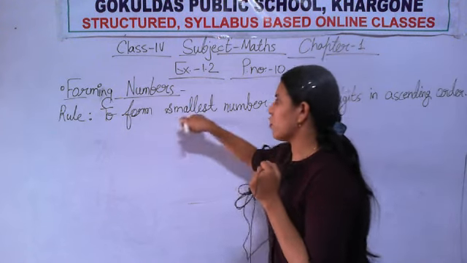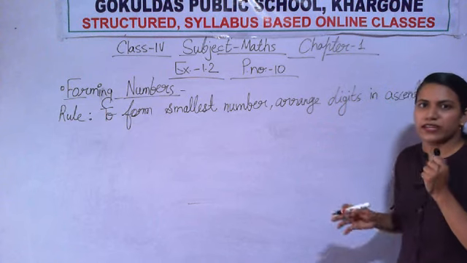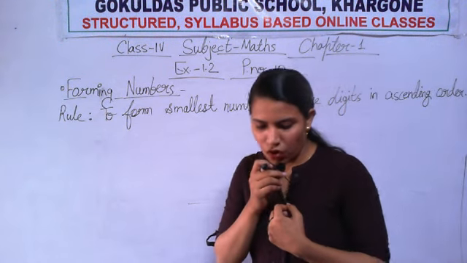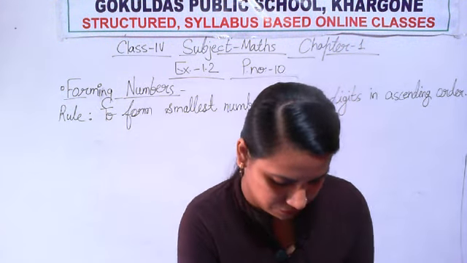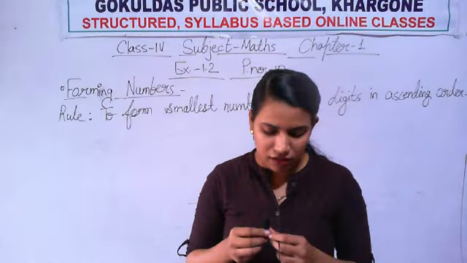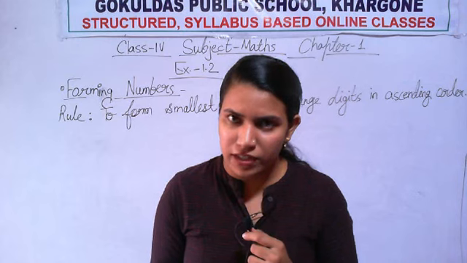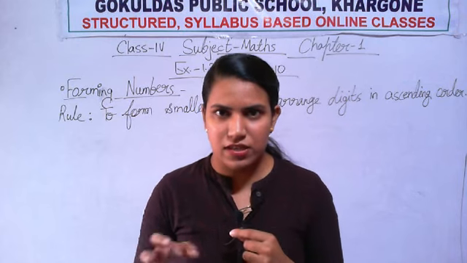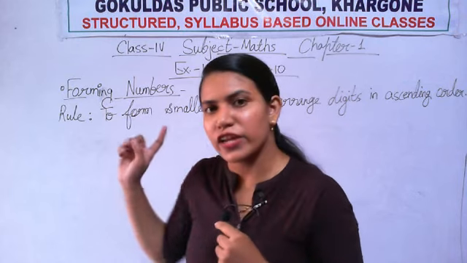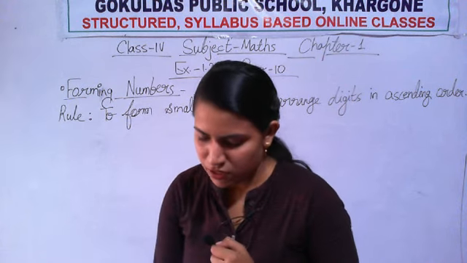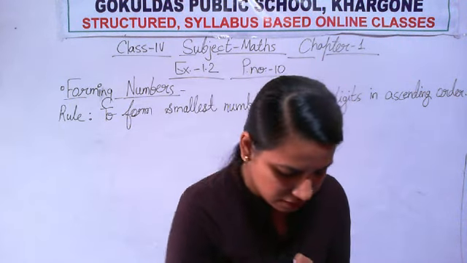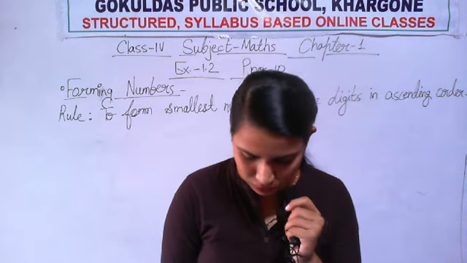What is the rule to form the smallest number? Arrange the given digits in ascending order. If you have any doubt about ascending and descending order, please watch the previous videos in which we have discussed these topics. Okay, then only come to this video and watch this and do the questions based on this topic.